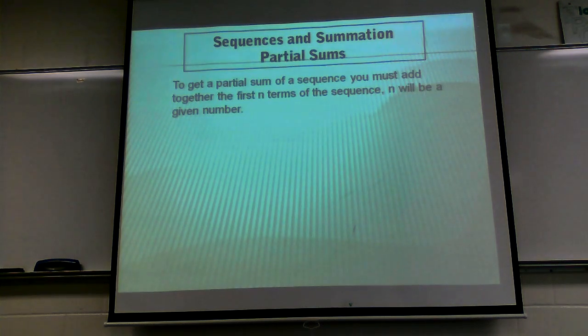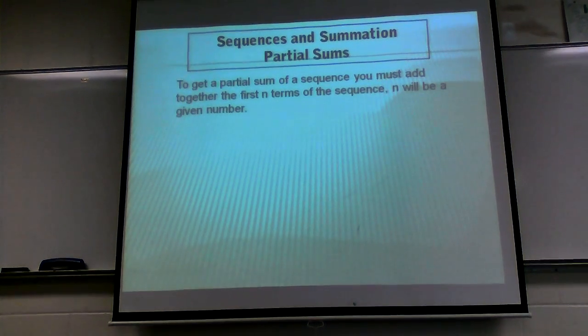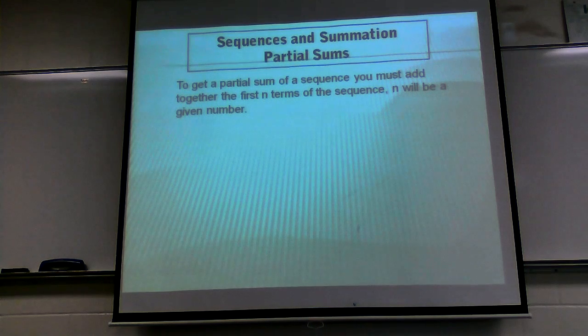Now, the way you're going to have to approach this when they do partial sums is they're going to have you build it one term at a time. You'll do the sum of the first term, which is essentially the first term. Then you do the sum of the first 2 terms, the first 3, first 4, first 5, and so on.